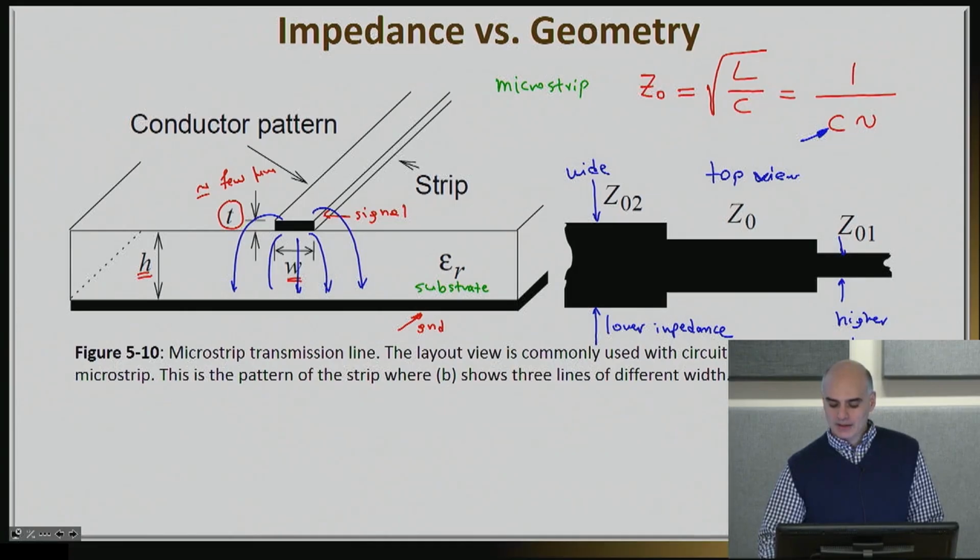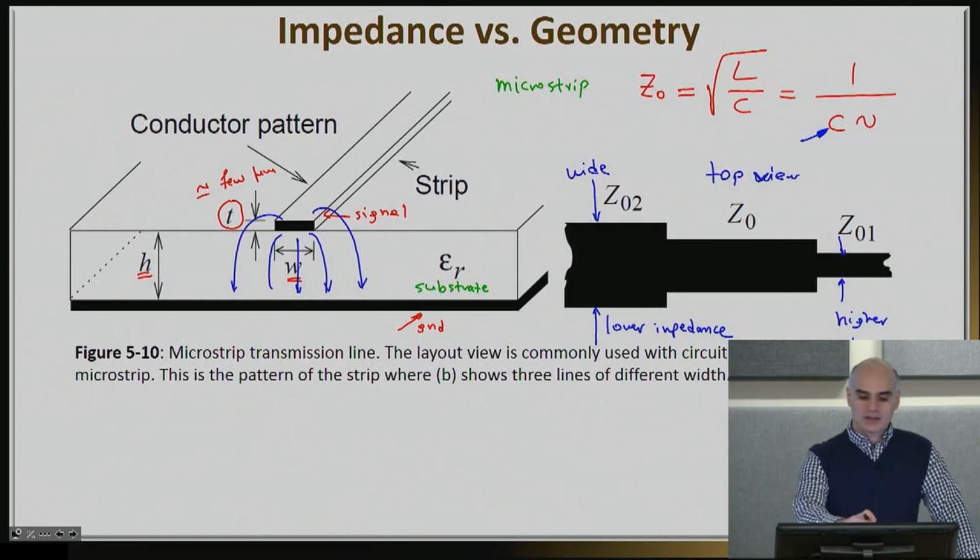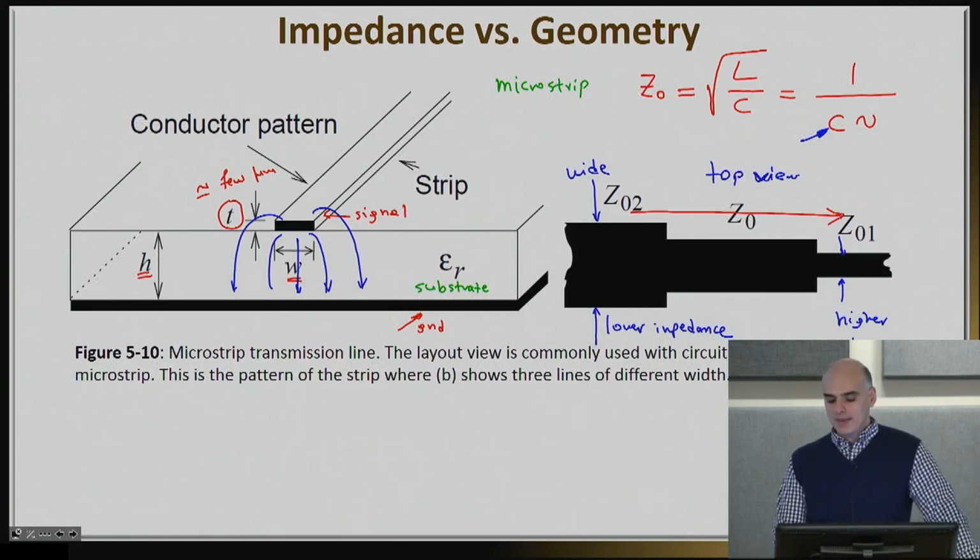So the first thing, and the reason I'm showing you this geometry, is because once you understand the basics, you can just literally look at the circuit and make very informed decisions of what's happening there. So if you just look at the layout that you see here, you say, okay, somebody's trying to lower my impedance as they move from the left-hand side to the right-hand side. Why that might be the case, we'll discuss later on, but at least just by looking at this thing, you can know that pretty quickly.